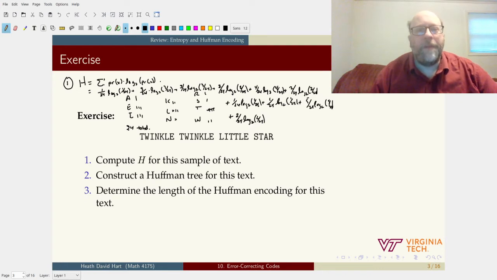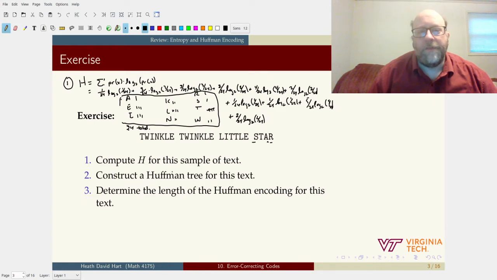So now that we have this same data here, let's see if I can separate it from the answer to part 1. How do we construct a Huffman tree for this text? Well, I have 3 letters that only show up once. The A and the R and the S from the word star all show up just one time.